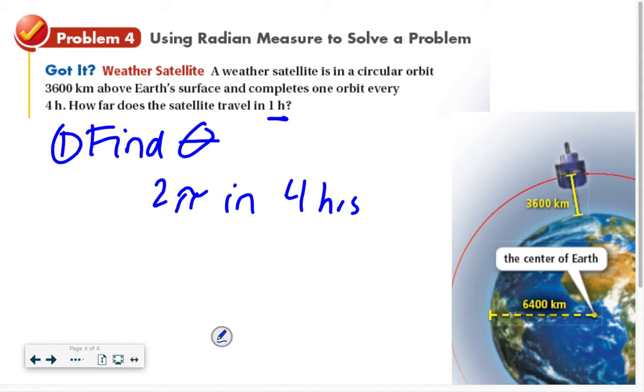So what do I have to do? Divide by 4. Take my 2 pi and divide it by 4, because I only want to know how much I go in 1 hour. I know I go 2 pi in 4 hours, so split that up into 4 parts. How many radians in 1 hour? Pi over 2.